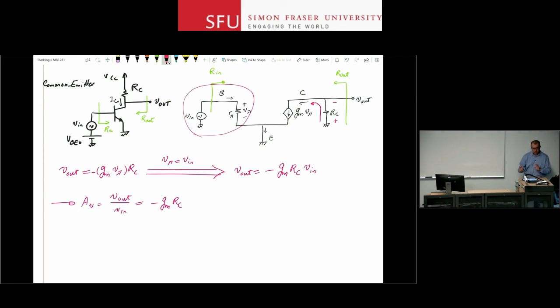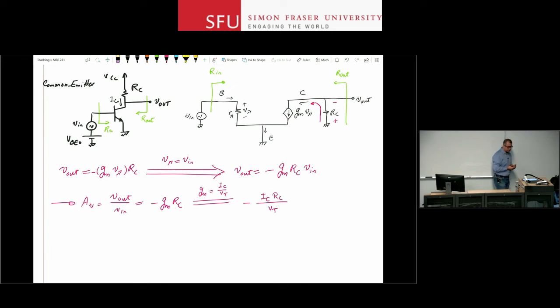Now, just to create a flashback here, recall that gm was IC over VT. So if you plug that in, this is going to be minus IC, this is the DC IC, RC over VT. And we actually had the same result when we solved the circuit using the large signal model, right? But nonetheless, the point here is that I can calculate the gain relatively easily. I don't really have to worry about the large signal model anymore. And that task is done.